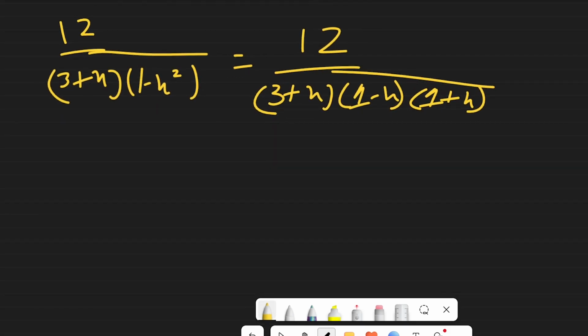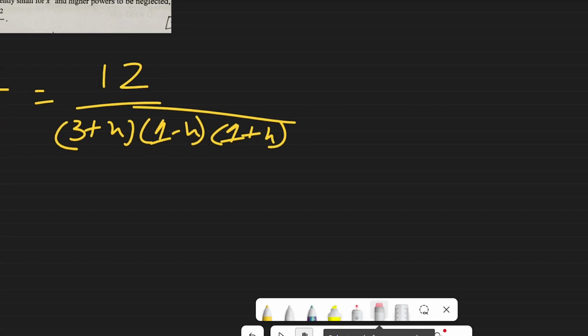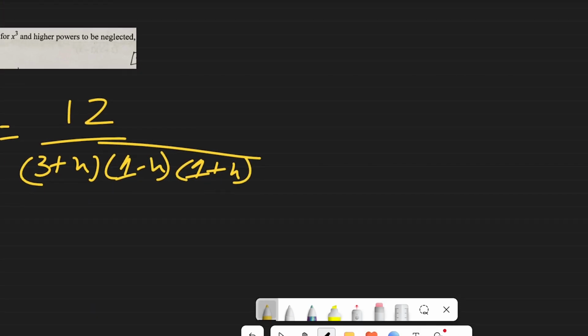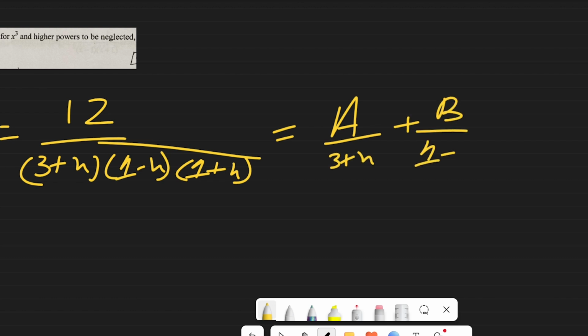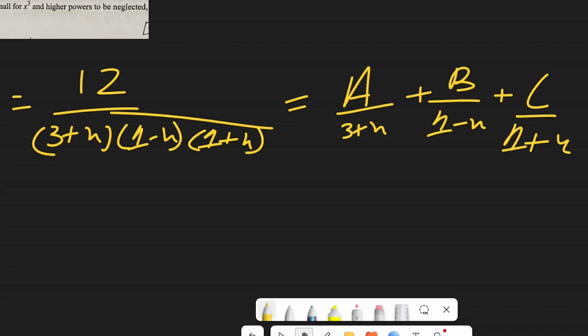Okay, now we just write it as it is. Over here is equal to a over 3 plus x plus b over 1 minus x plus c over 1 plus x, all the standard procedures.